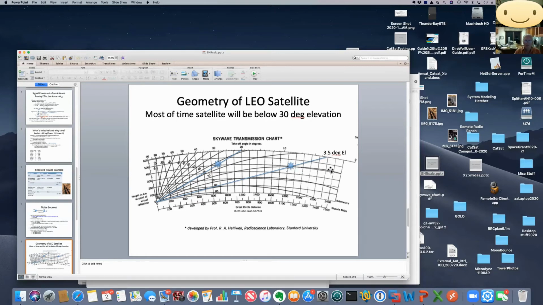Now the satellite's flying along here, rising, and it's in a circular orbit. I'm going to say it stays at 400 kilometers. When I get over to here, about half that original range, I'm now at 20 degrees takeoff angle to the satellite, as read from this scale here. Right. And so I took a look at this and I said, well, when the satellite breaks the horizon, it's going to be somewhere out around in here.